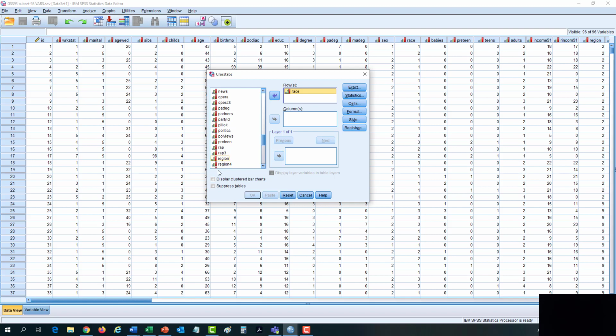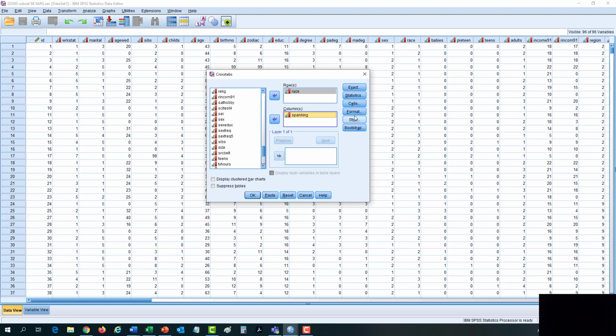And what are we going to put with it? Oh, let's put spanking as our dependent variable in the column box. What we're going to look at, like our null hypothesis would say, is that a respondent's race will not affect how they feel about spanking as discipline.